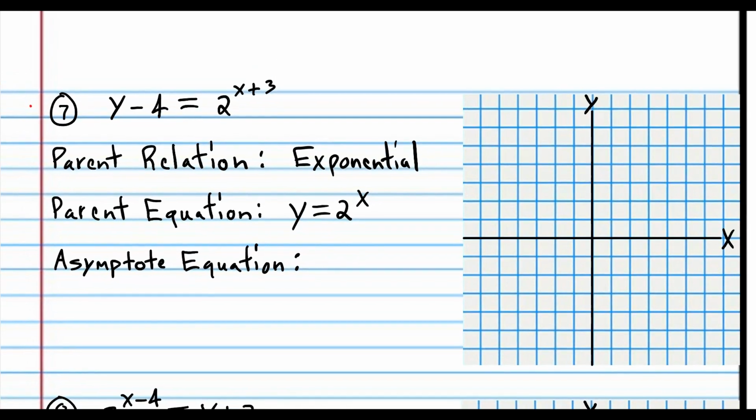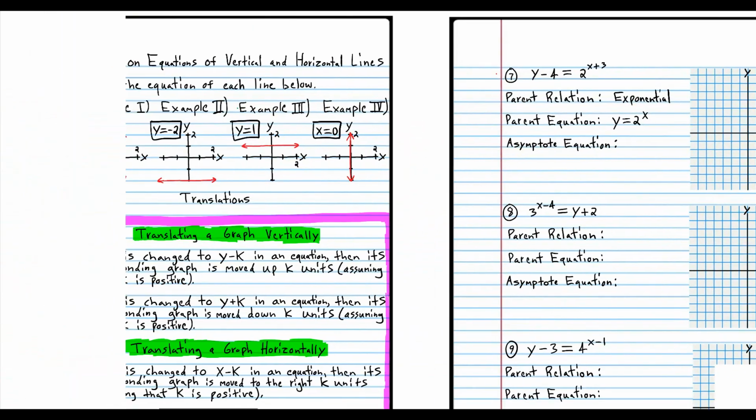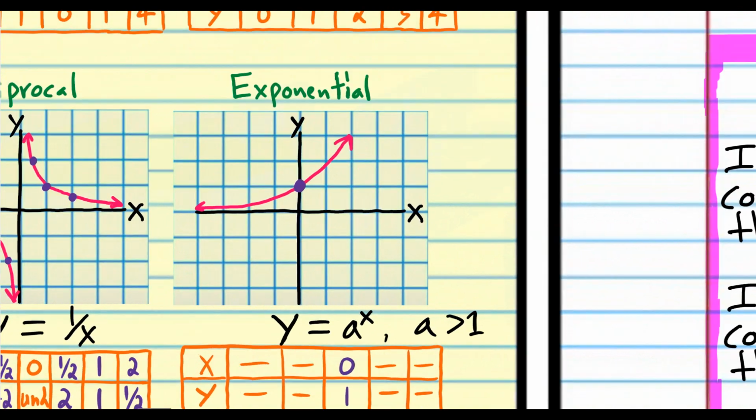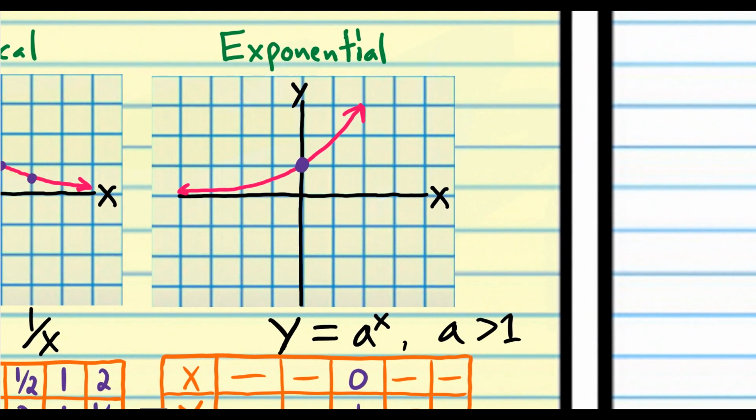Now, if you look at your library, we do have good news, and that is that this one purple point here remains the same no matter what. The reason for that is if you plug in 0 for the x value, remember any number raised to the 0 power is just 1.